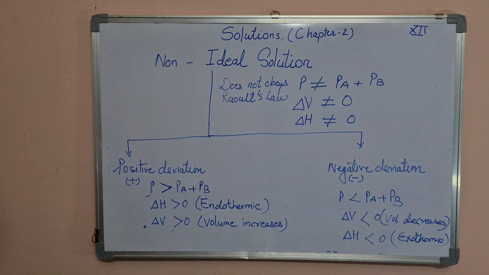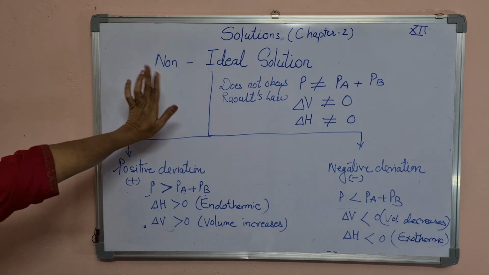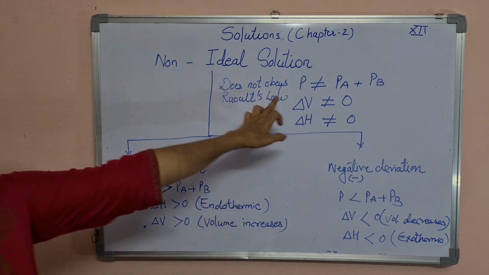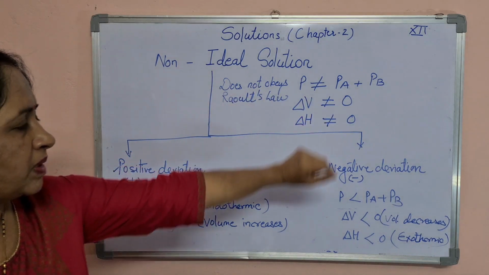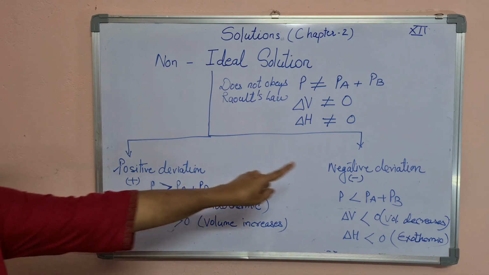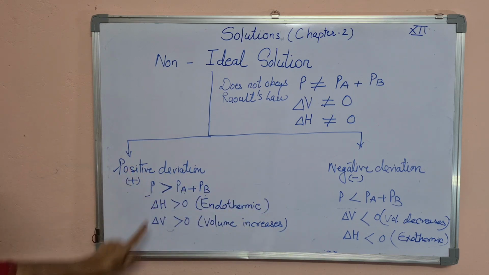So I think it's clear to all of you. Solutions which do not obey Raoult's law are called non-ideal solutions. P is not equal to PA plus PB. Delta V is not equal to 0. Delta H is not equal to 0. Non-ideal solutions are of two types: positive deviation and negative deviation. Positive deviation: P is greater than PA plus PB.